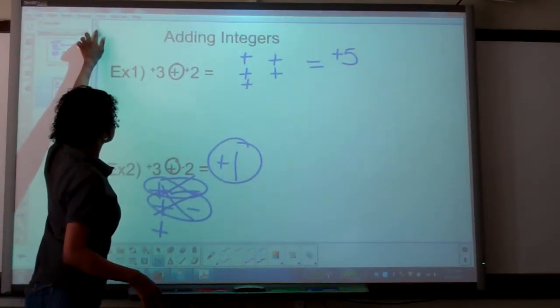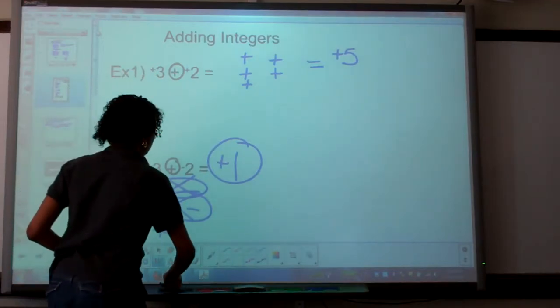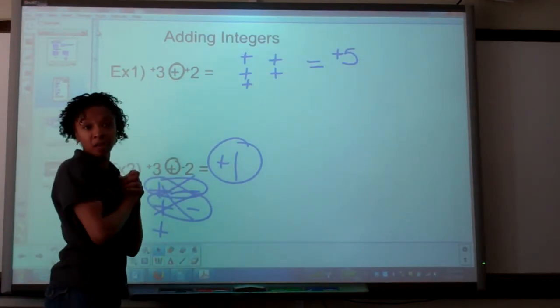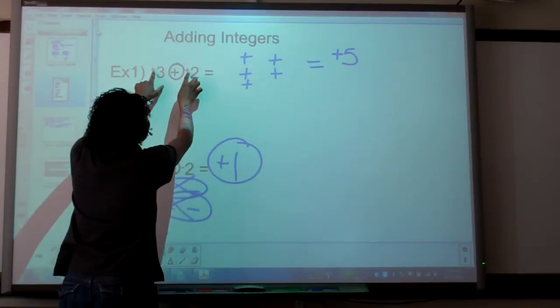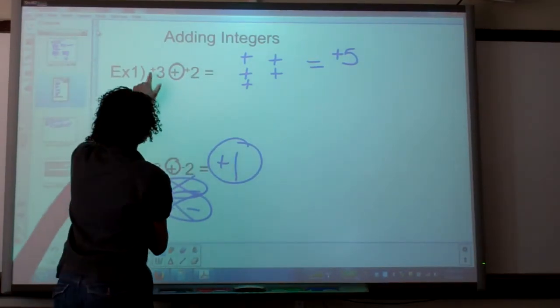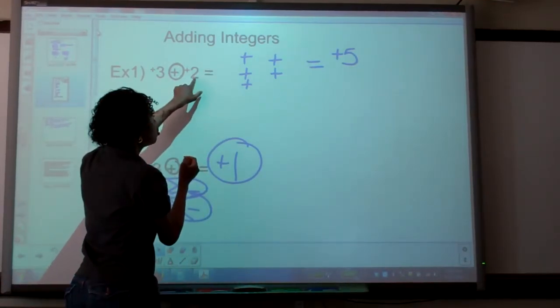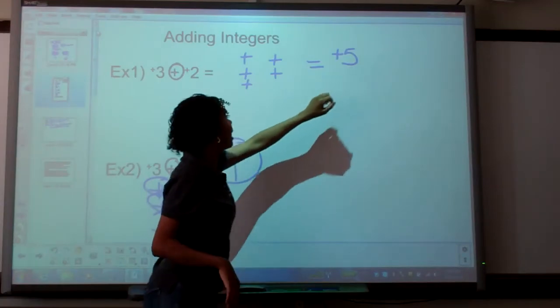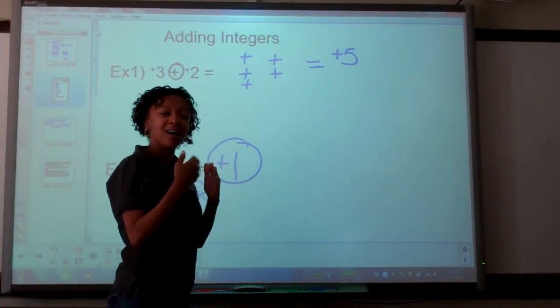If I start at the top, when I'm adding integers and they have the same charge, positive and positive, you just add them. 3 plus 2 is 5. And I know it's a positive 5, because both of them were positive.